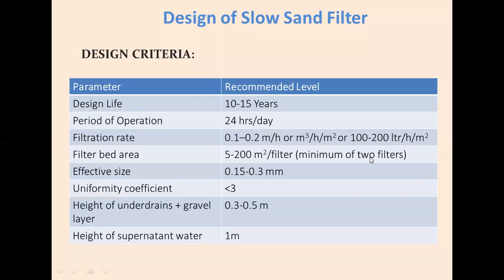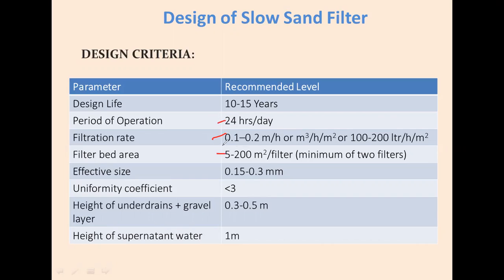Next, write down the design criteria for the slow sand filter. Design life, period of operation. Out of these different criteria, the most important ones for solving the problems are this one, then this may be required, then this one.